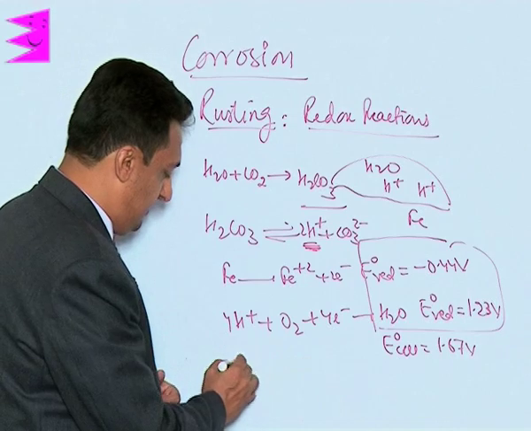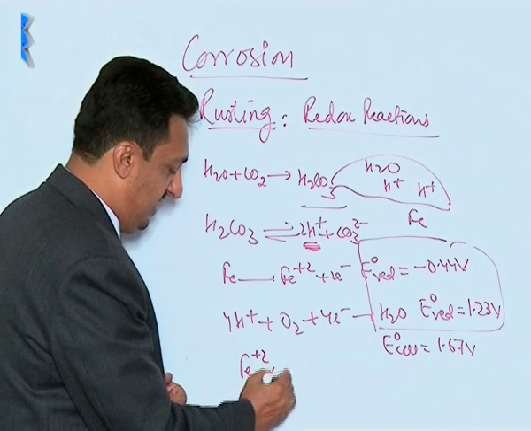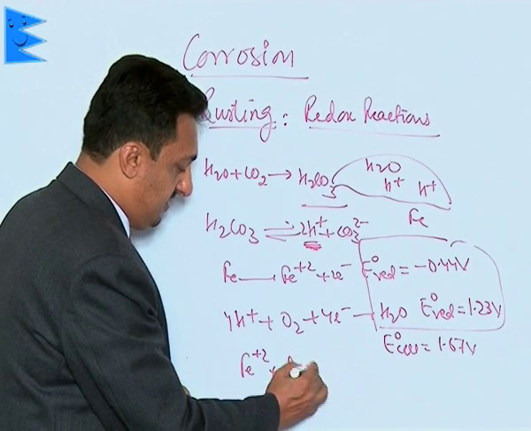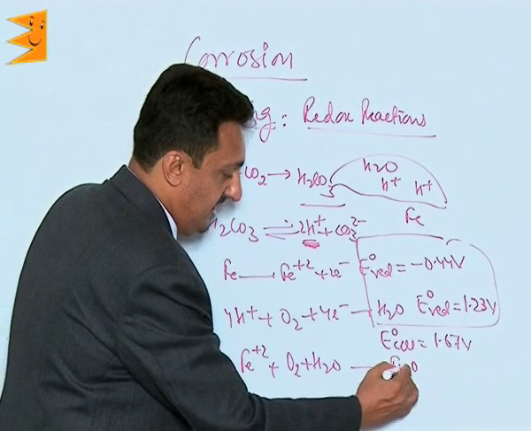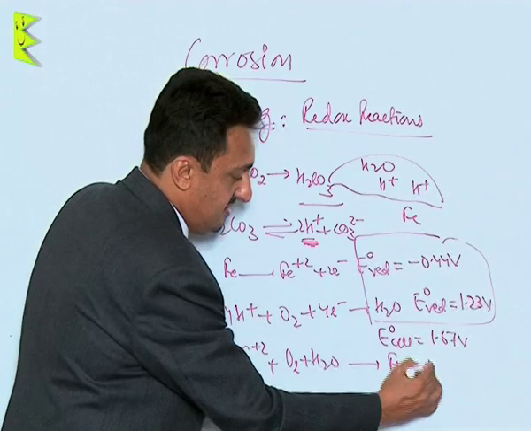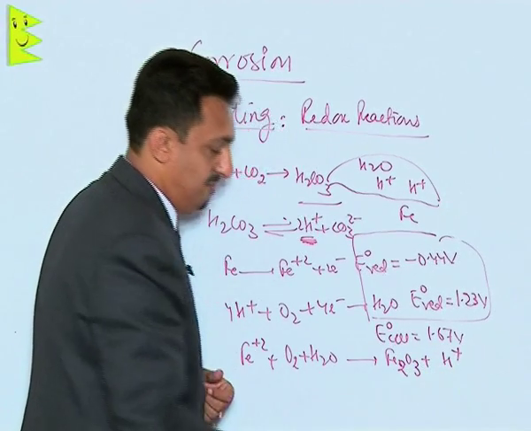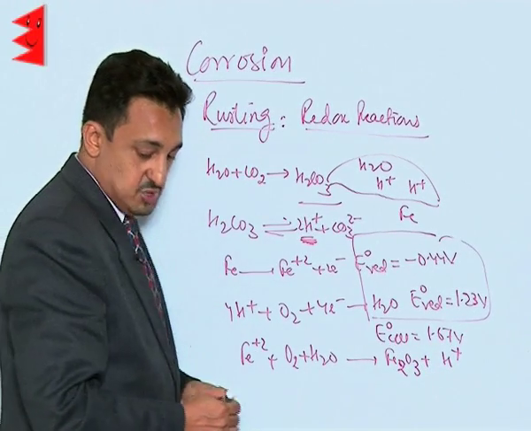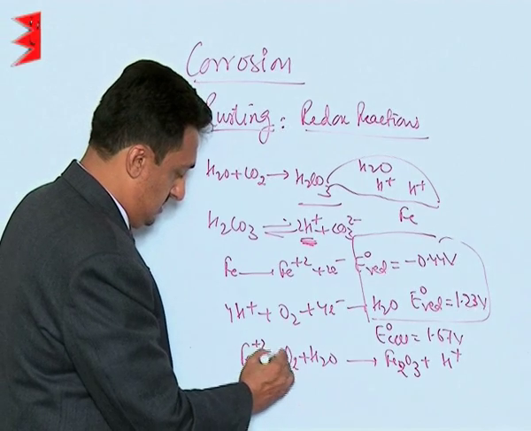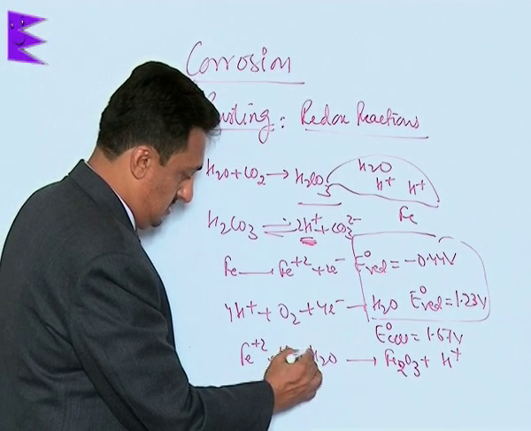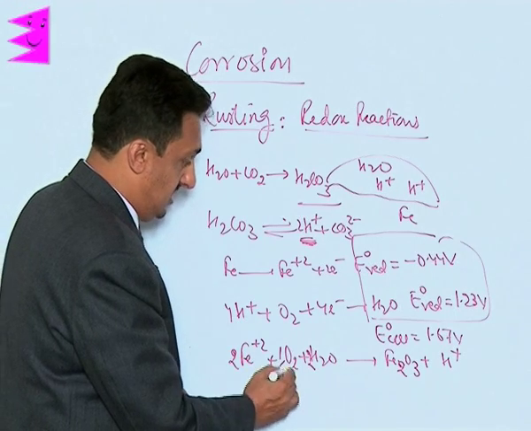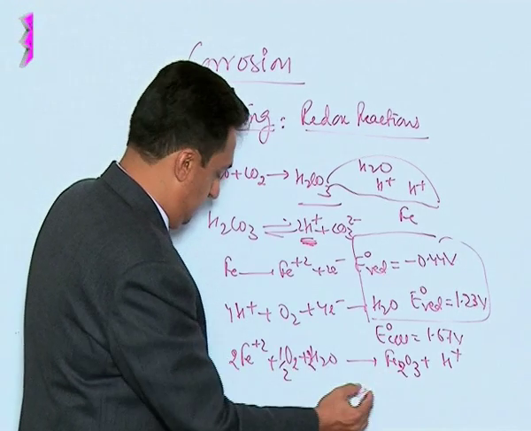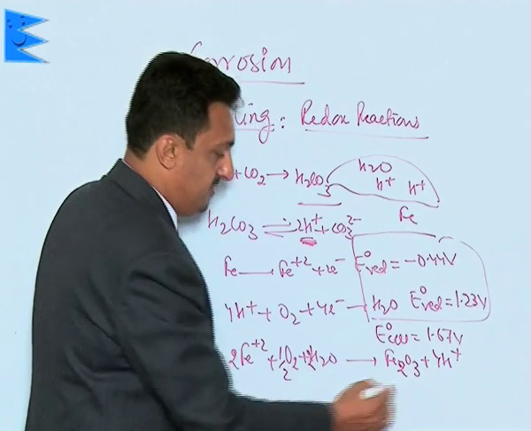Further, these ferrous ions combine with oxygen in presence of water, and get further oxidized to ferric ions and release more H plus ions. It will be somehow like twice of this, half of this, and 4 times of this.